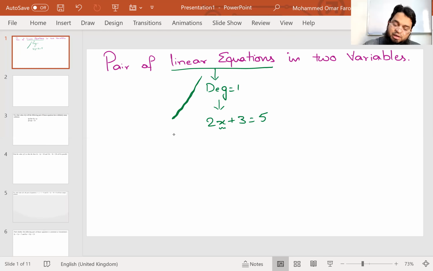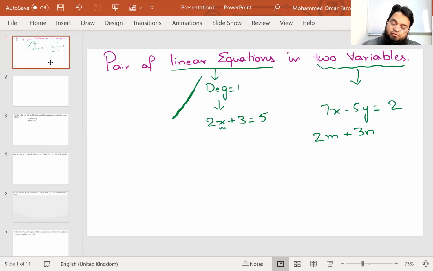Now in this chapter, what we are going to see is linear equations in two variables. So tell me an example. Yes, 7x minus 5y equals 2, or you can also write 2m plus 3n minus 5 is equal to 0. These are examples of linear equations in two variables. Now, what does the chapter name suggest?